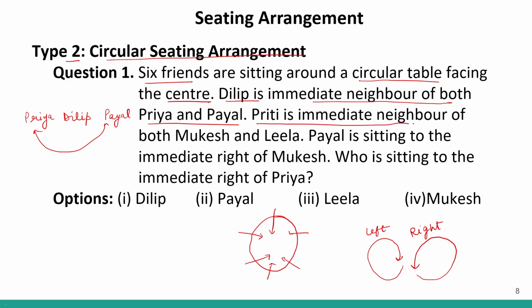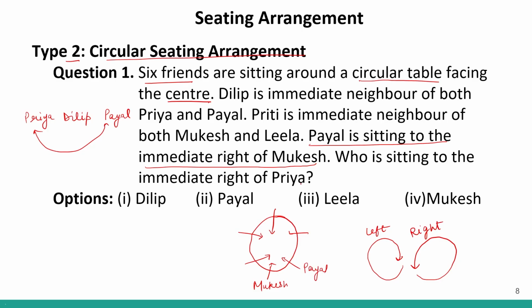Preeti is immediate neighbor of both Mukesh and Leela. We cannot use this information currently because we don't know the position of Preeti, Mukesh, Leela, anybody. Now it is given to us, Payal is sitting to the immediate right of Mukesh. We can use this information. So if Mukesh is sitting over here, let's say, I can say that Payal will be sitting over here to the immediate right of Mukesh.